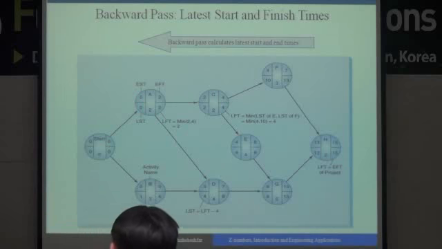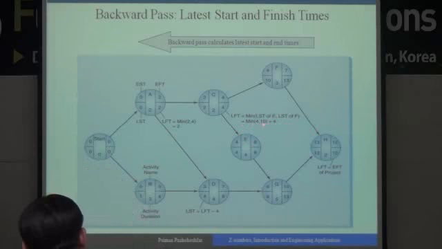The latest start time is 15 days minus 2 days, which is the activity time of activity H. And this activity is the only precedent of activity H, so here we can use 30 days as its time. And for this one, we should use the minimum time of 4 and 10, because there are two precedents for this activity.